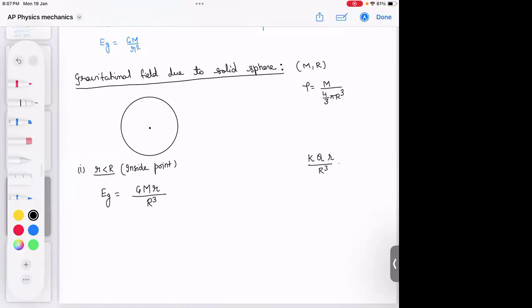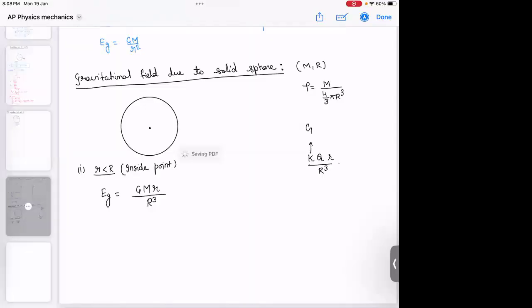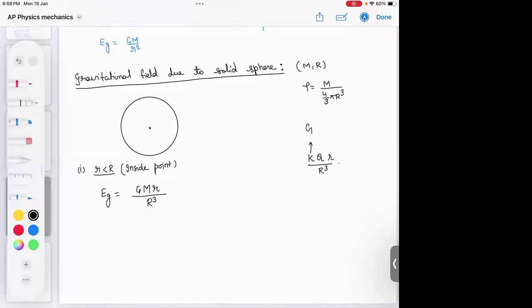Whatever the electrostatic field formulas are, if you replace Coulomb's constant K by the gravitation constant G, and replace charge by mass, then all the electrostatic field formulas will be converted into gravitational field formulas. Did you understand what we discussed here?